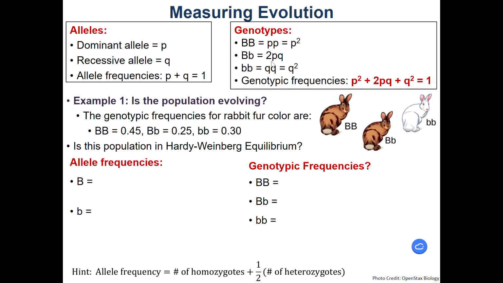So if we're looking at our dominant B allele, it's going to be 0.45 plus 1/2 of 0.25. So our allele frequency for B is 0.575.